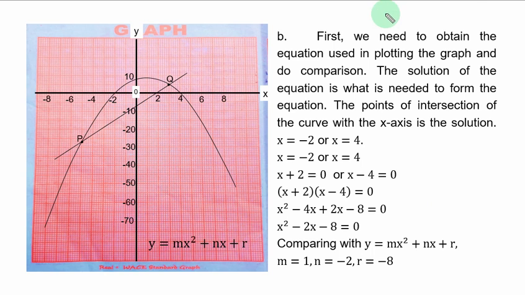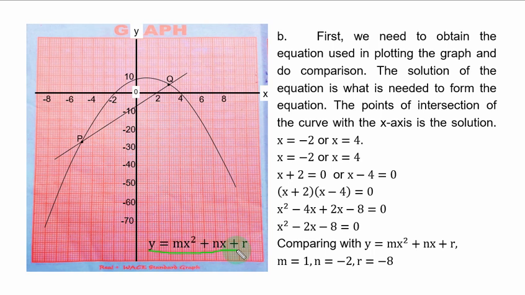B part of the question, you are asked to find the values of m, n, and r. This is the given equation. So you have to find m, n, and r. First, we need to obtain the equation used in plotting the graph and do a comparison.